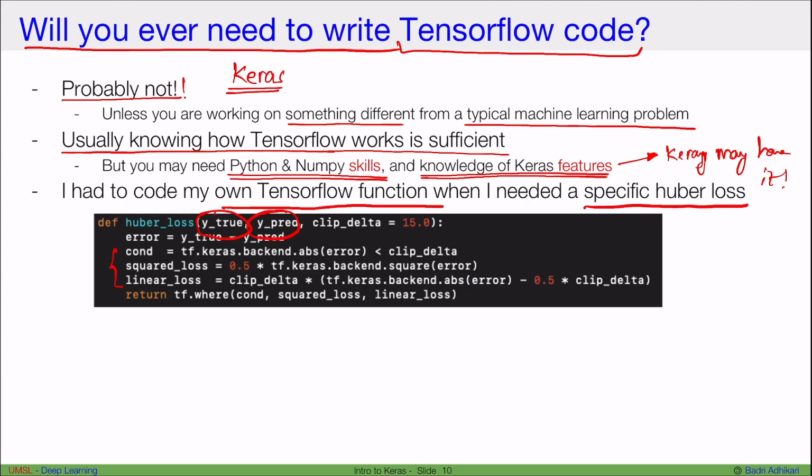So I had to design my own Huber loss to return the loss that I needed. This is not common though. For most of the problems that we solve today, we probably don't need to use TensorFlow code, and just sticking to Keras can probably keep you happy.